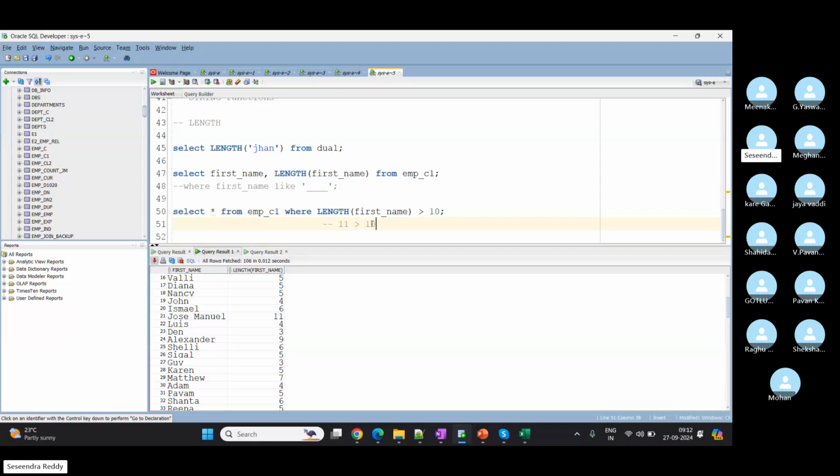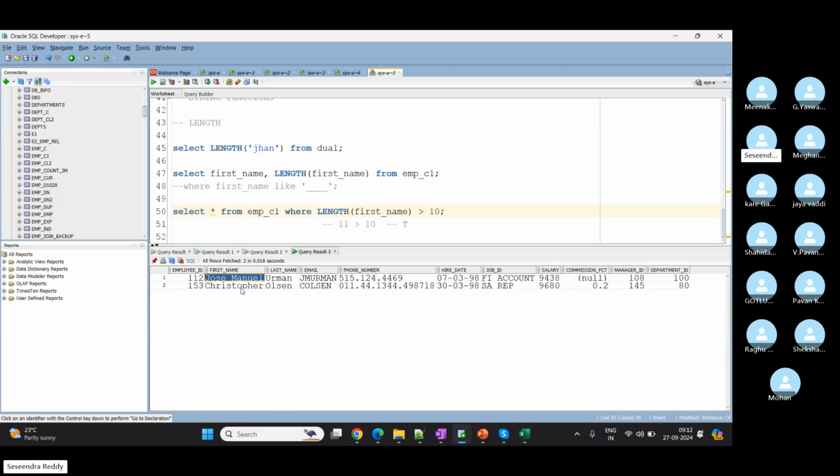Greater than 10, so all these conditions are false, meaning they are 10 or below. When it comes to Joe's manual having 11 characters, which is true, right? So this output we can see in our result, Joe's manual and Christopher. So 2 members have more than 10 characters in their first name. Got it? How length is working?